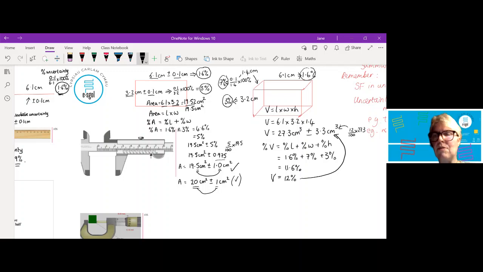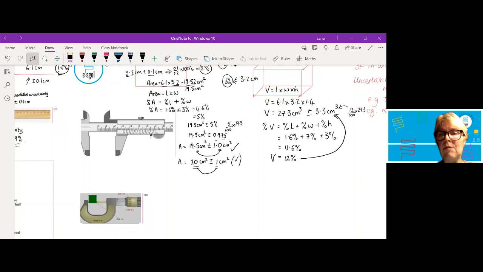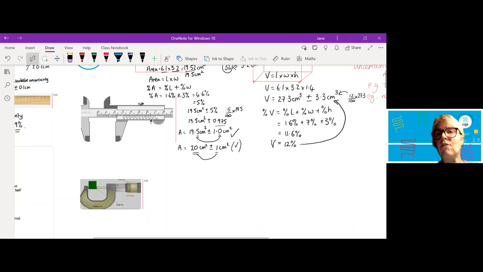That's how I get my 3.3 there. But that's not quite the answer that we want to give, because that should be to one significant figure. So the volume equals 27 centimetre cubed, don't forget your units, plus or minus 3 centimetre cubed.